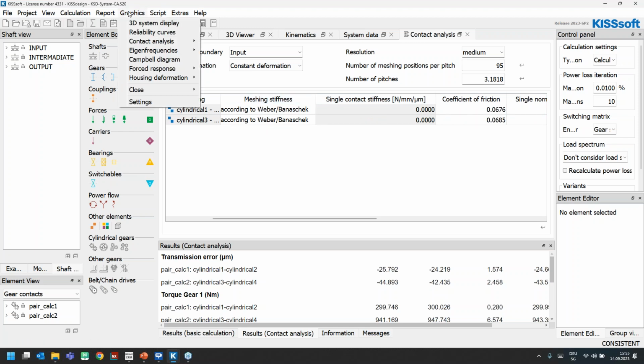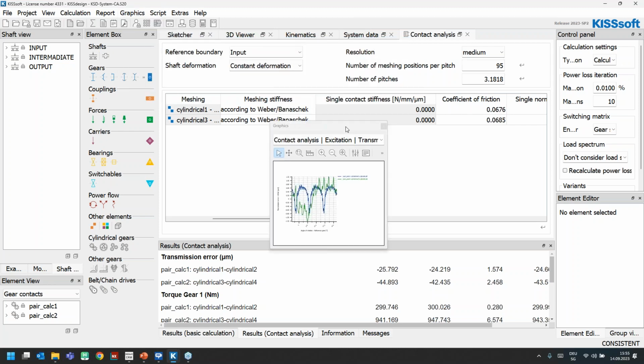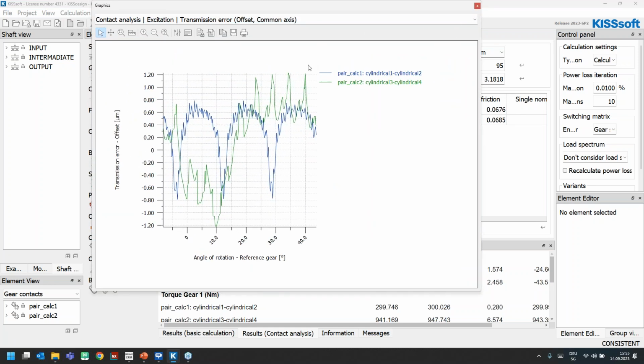And what will be new is that if I go to my contact analysis results, you can see that we can now plot the transmission errors of a system, for both gear pairs simultaneously. That means you can now analyze how the individual transmission errors of a stage are in phase or out of phase with each other, right?